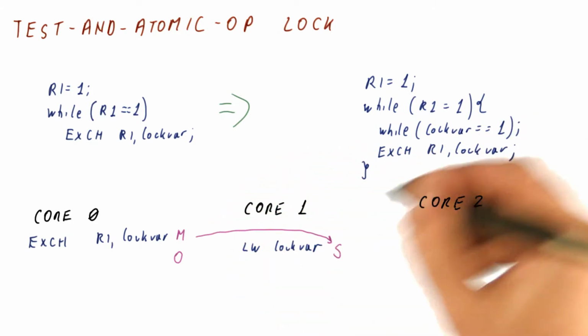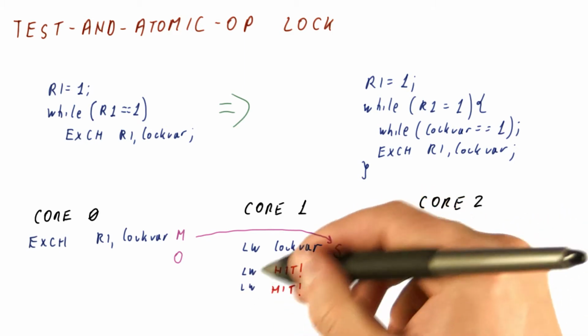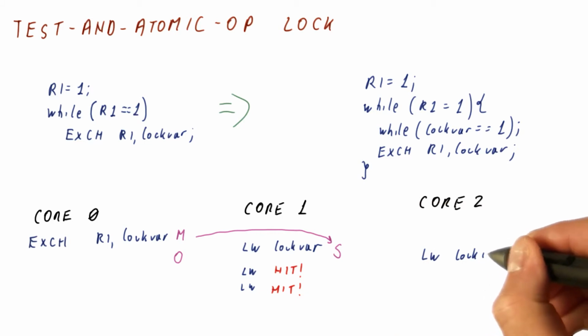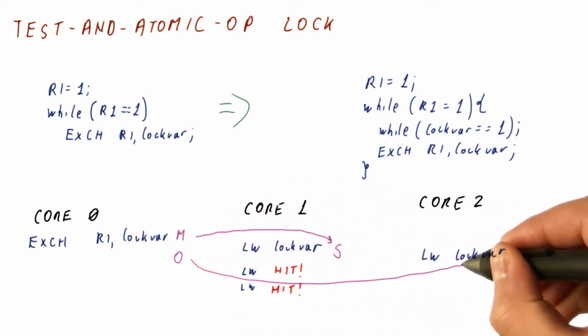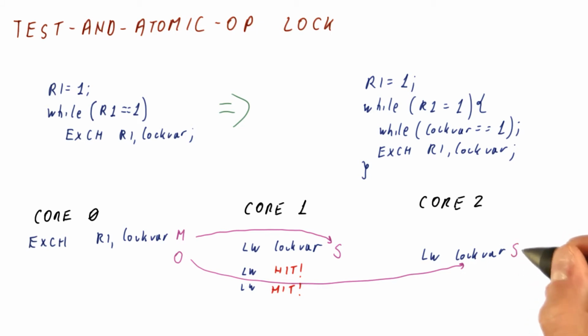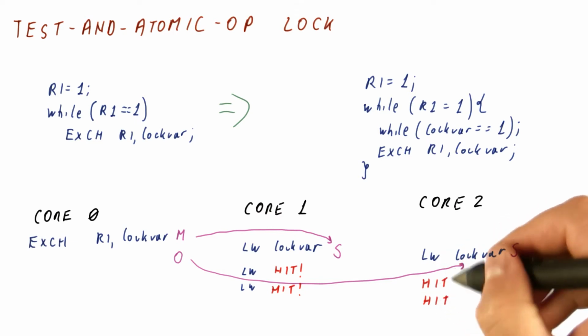Now we will keep doing this, but we'll keep getting cache hits, so we no longer access the bus while waiting. Similarly, core 2 will load the lock var. It will also get the value and have it in the shared state. And now it also gets cache hits while waiting.